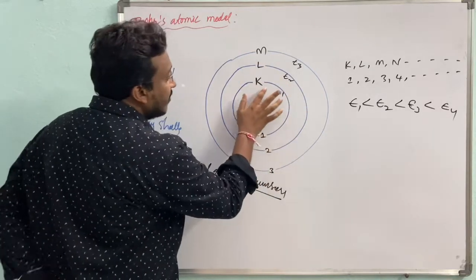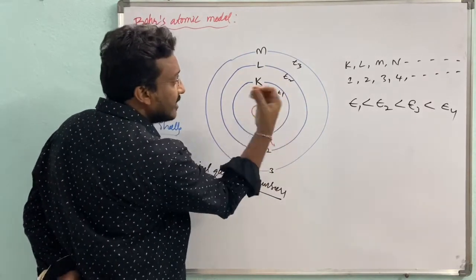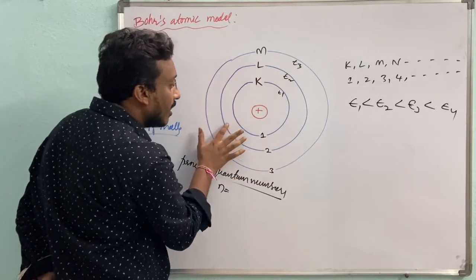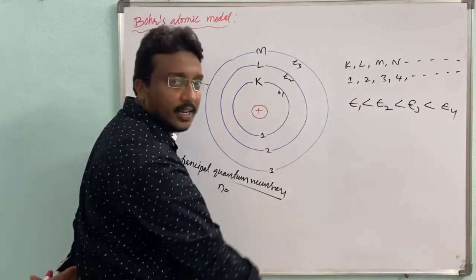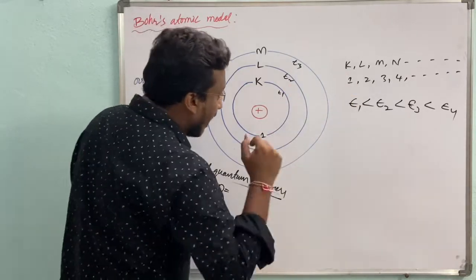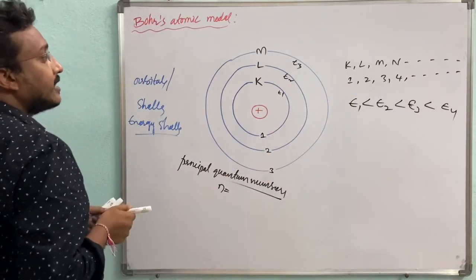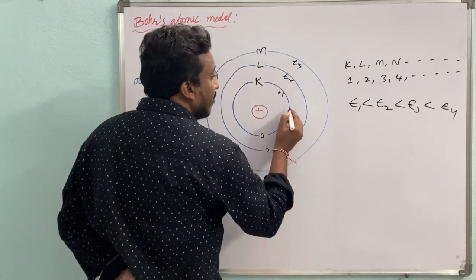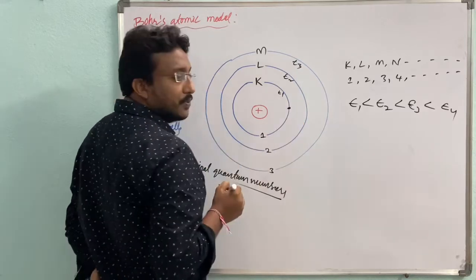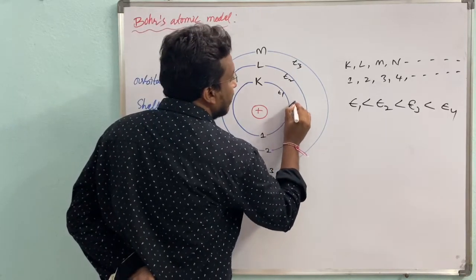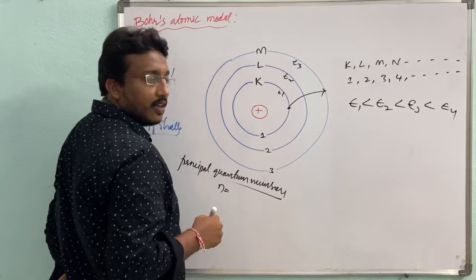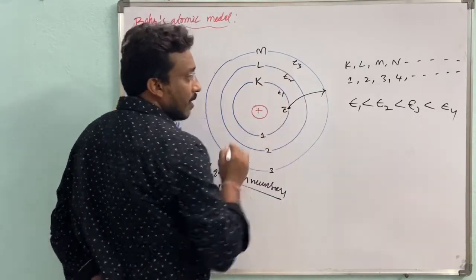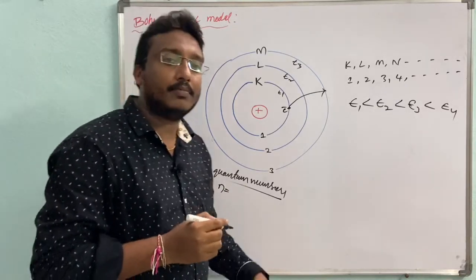The electrons revolving in the K shell have their own separate energy, and the electrons revolving in the L shell have their own energy. He also explained that sometimes electrons jump from a lower energy level to a higher one, for example from K shell to M shell.